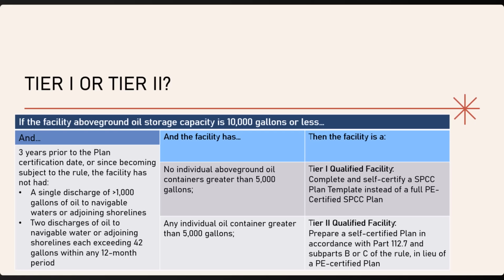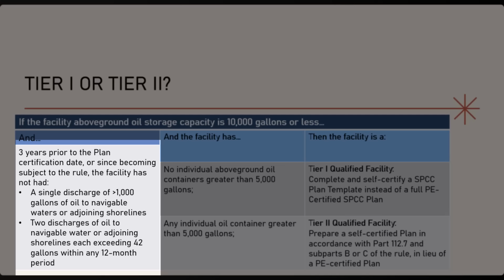If so, then 3 years prior to the plan certification date, or since becoming subject to the rule, does the facility meet these requirements? It has not had a single discharge of greater than 1,000 gallons of oil to navigable waters or adjoining shorelines, or it has not had 2 discharges of oil to navigable water or adjoining shorelines, each exceeding 42 gallons within any 12-month period.